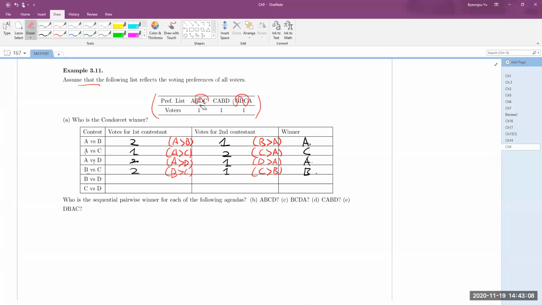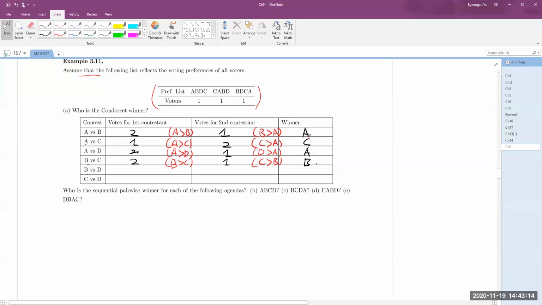And in the case of B and D, yes, if you calculate the Condorcet winner, you need to do such tedious calculations. In the first preference list, they think that B is better than D, so that's one person.